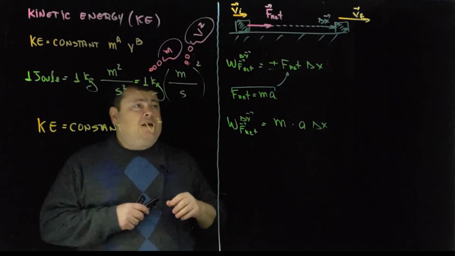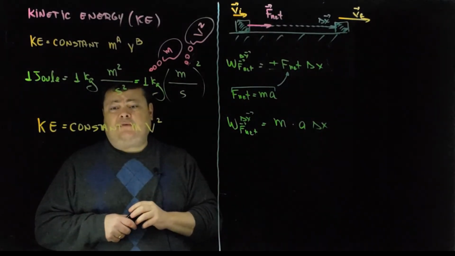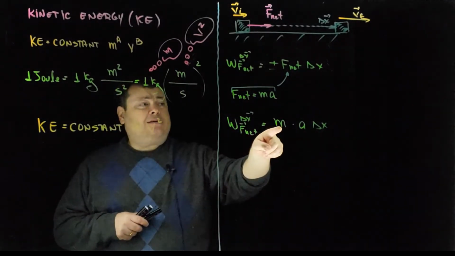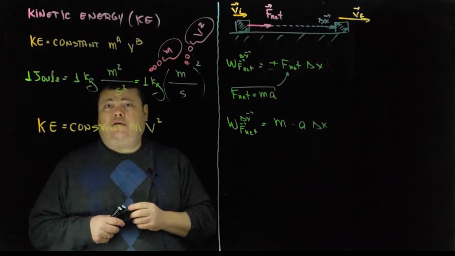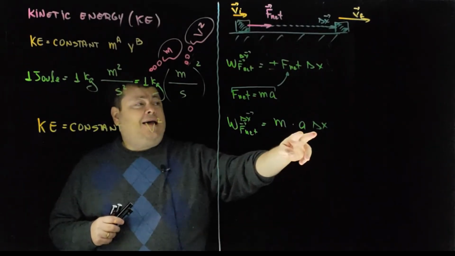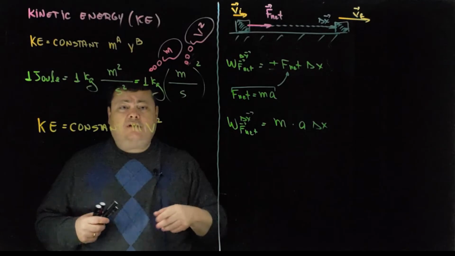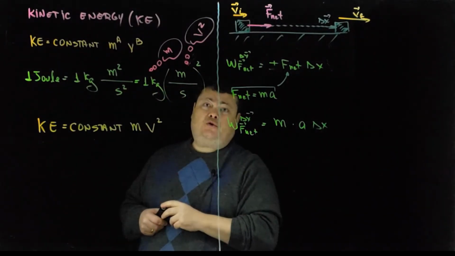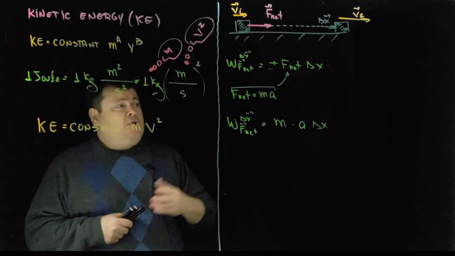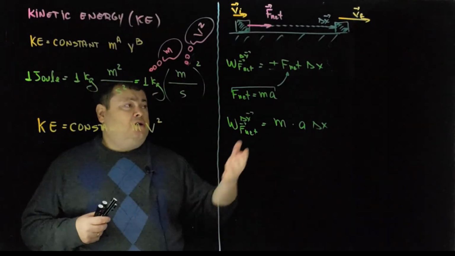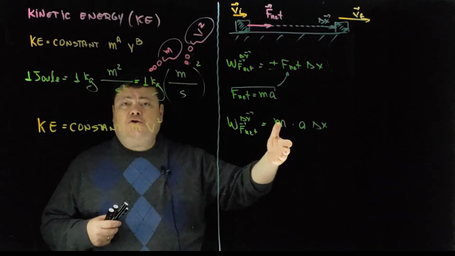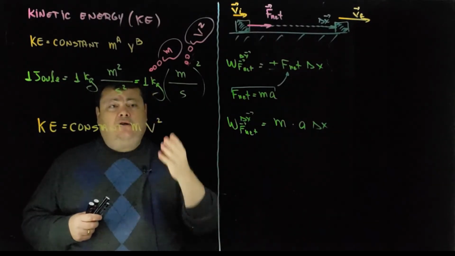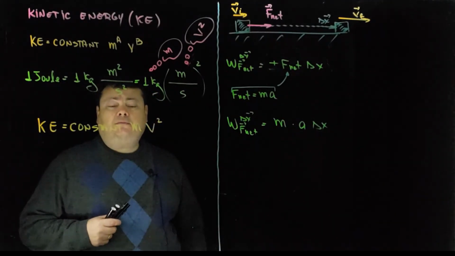By making the substitution of net force equals mass times acceleration, I have the mass that I was looking for. But now I have a delta x. I don't want that. I need something related to mass and speed, preferably speed squared. So any suggestions about what I could do here to make delta x vanish and some term in speed squared show up?